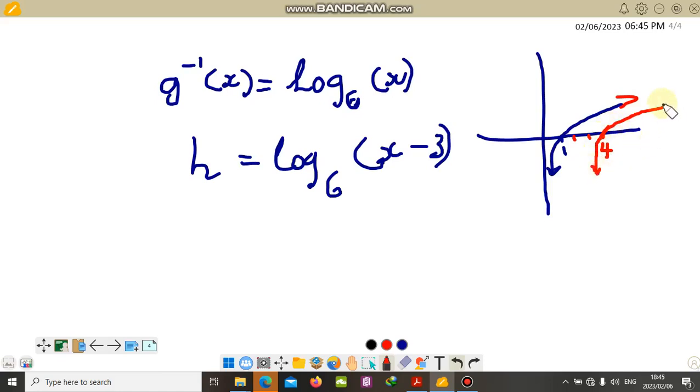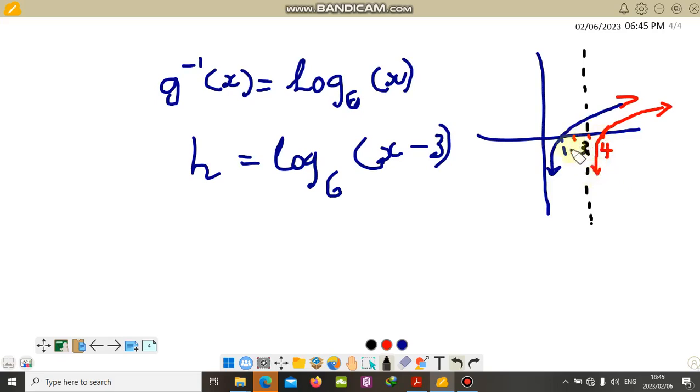So what does this tell us? This graph will not touch this point, which is 3. Because here it was 1, it was not touching 0. From 0 to 1 is 1 unit, from 3 to 4 is 1 unit. So now the graph shifts and creates a new asymptote there. The graph will not touch 3.